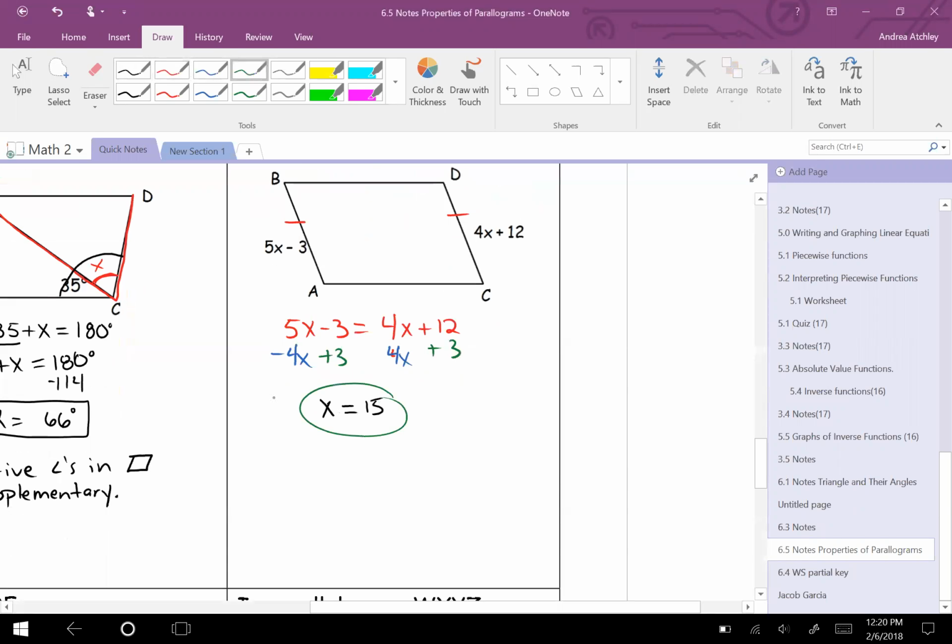I have to take this and plug it into BA. So I'm going to get BA equals 5 times 15 and then minus 3.